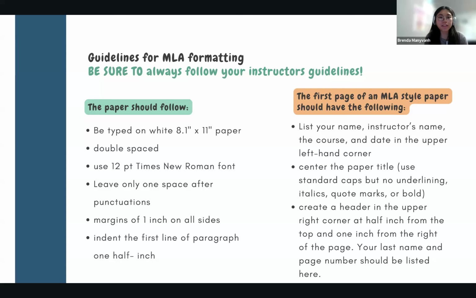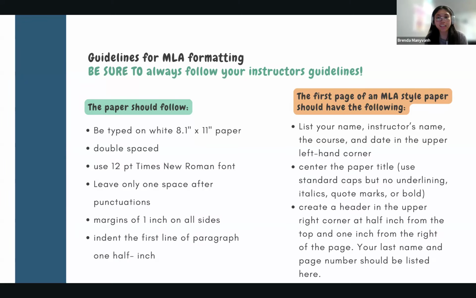And then the first page of an MLA style paper should have your name, instructor's name, course title, and date in the upper left-hand corner. Then centered on the page is the paper title, which should follow standard caps. So no underlining, italics, quotes, or bolding.